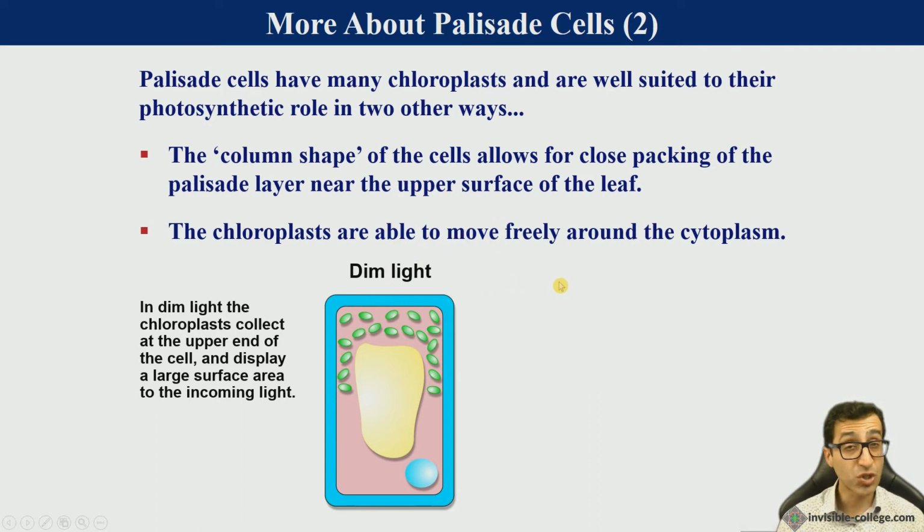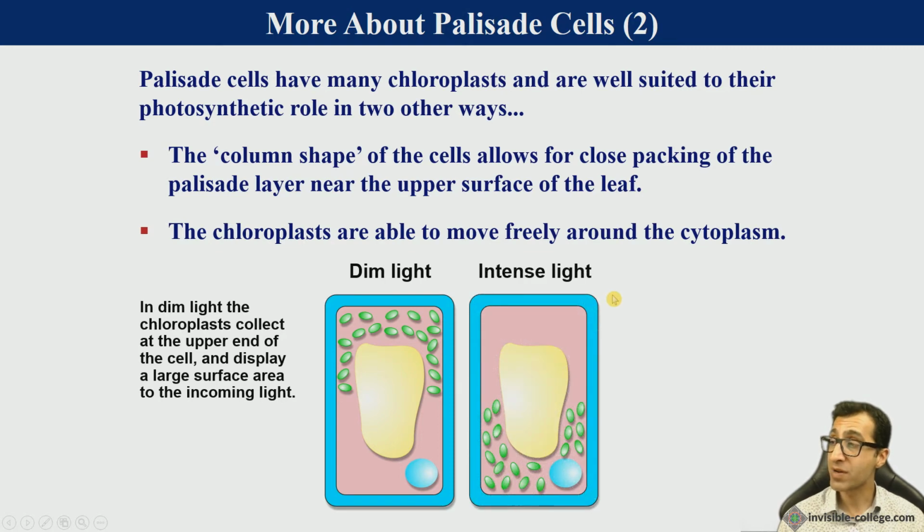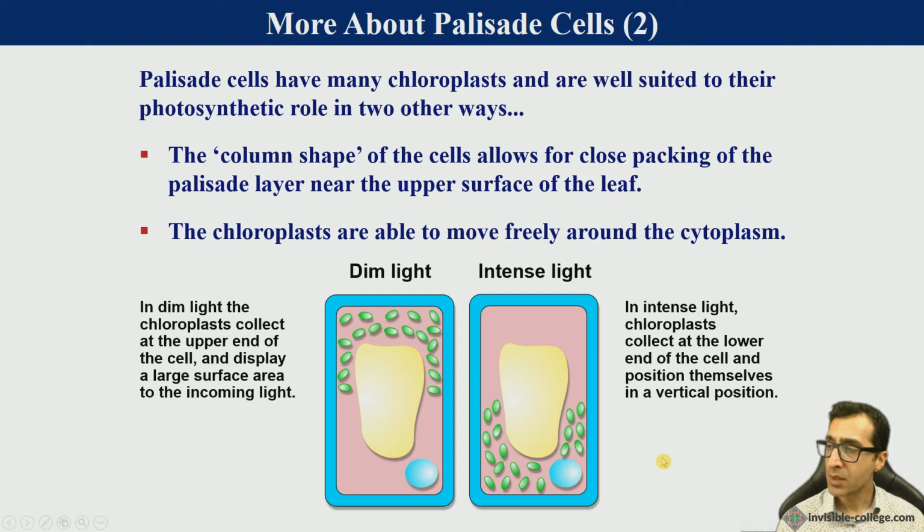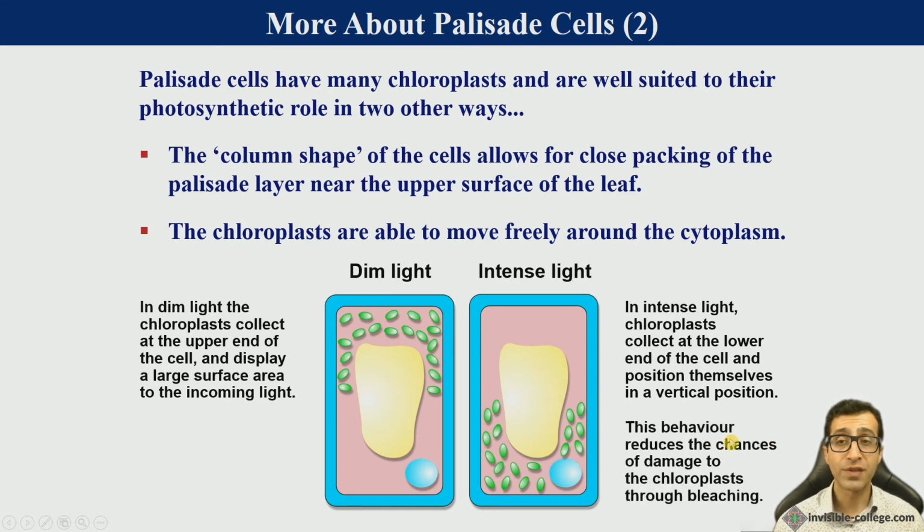Now if the light gets too bright and is in danger of damaging the chloroplasts, they will change their orientation by moving to the opposite end of the cell. In this case, they don't orient themselves in a horizontal orientation like this, they orient themselves in a vertical orientation like this, and this is to minimize the chance of the intense light damaging the chlorophyll and bleaching it.